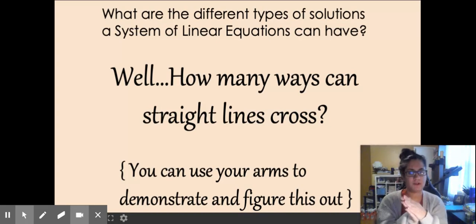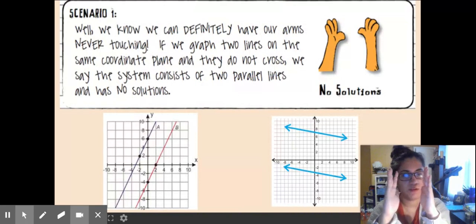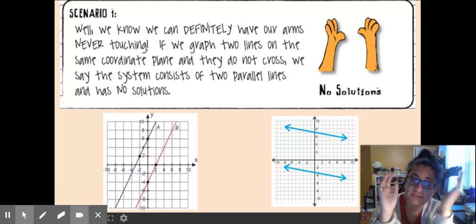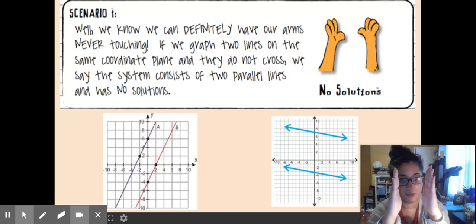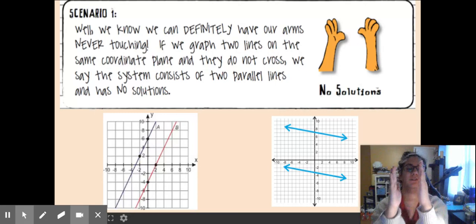So we have to figure out how many different ways two straight lines can or cannot cross. We already looked at scenario number 1, where the two lines are parallel and run right next to each other. You'll see up at the top it says that a system consisting of two parallel lines has no solution. A solution to a system of equations is any point where the lines cross or touch.